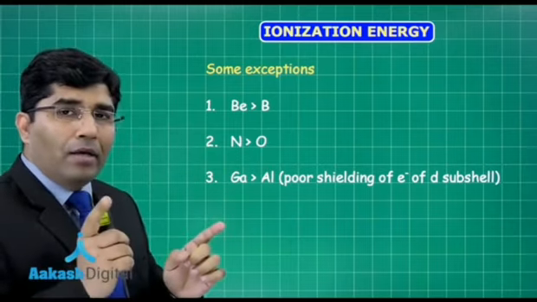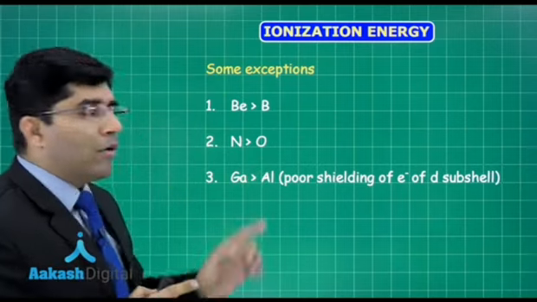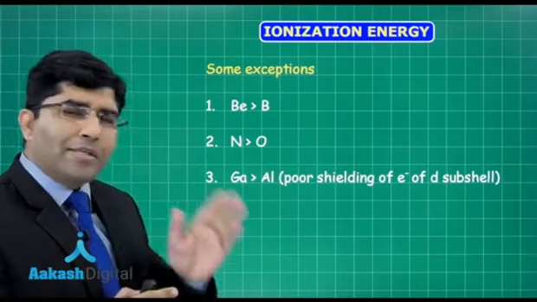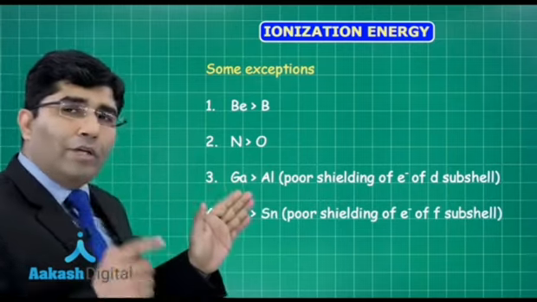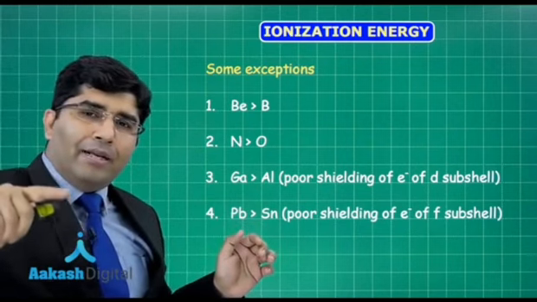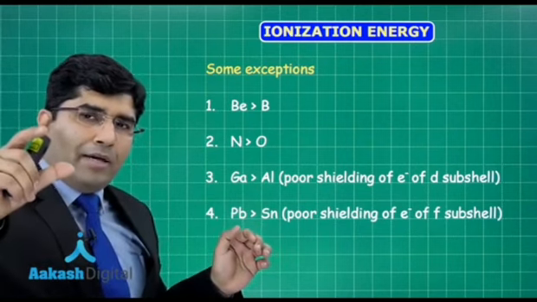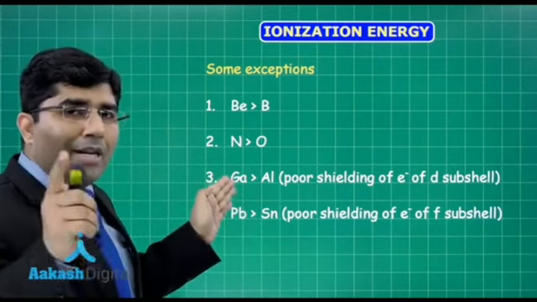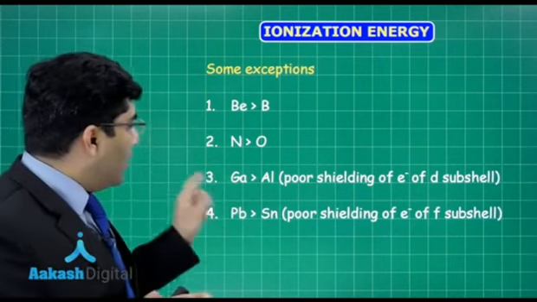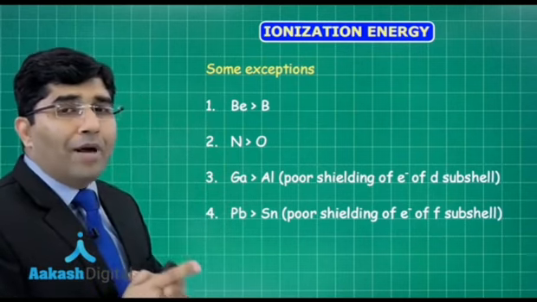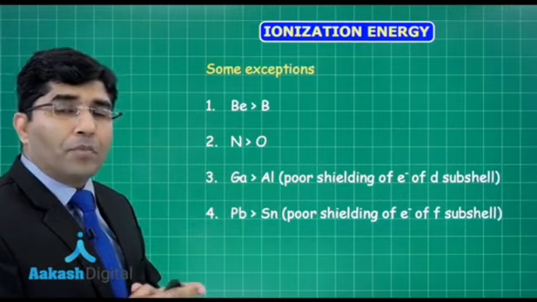Why? Poor shielding effect of the electrons of d subshell. In the same way, in the 14th group, carbon, silicon, germanium, tin and lead. If we talk about tin and lead, lead should have less ionization energy, but it has more ionization energy because of poor shielding of electrons of f subshell, right?